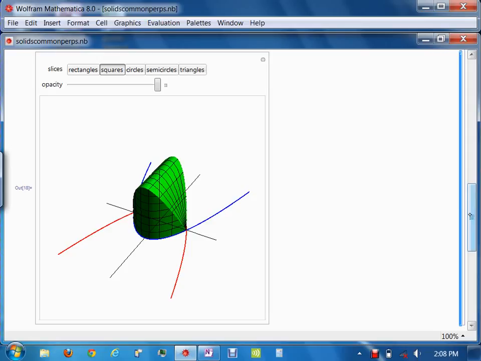So if I take this and I cut it, do you see the square right there? Do you see that square? And then another square right here. And what I can do is I can pull the actual surface out.